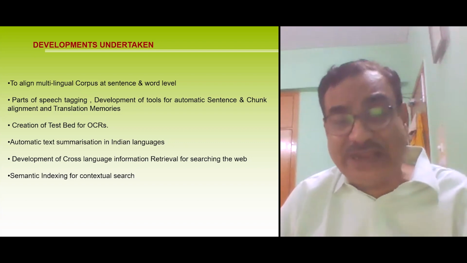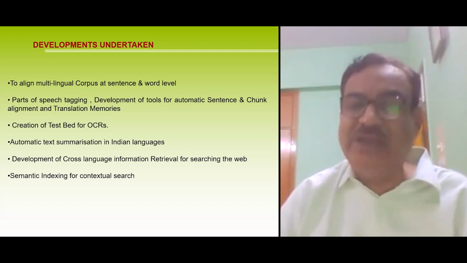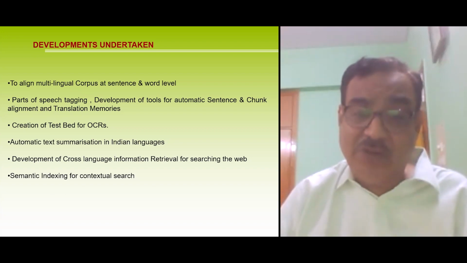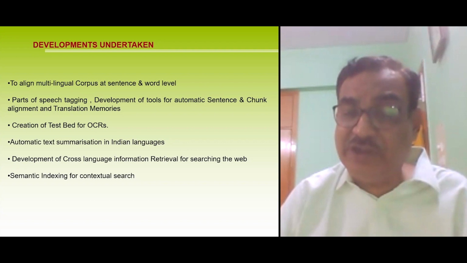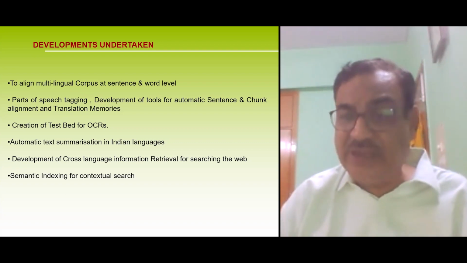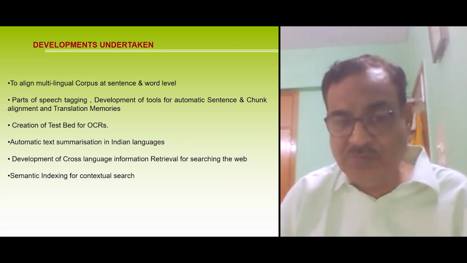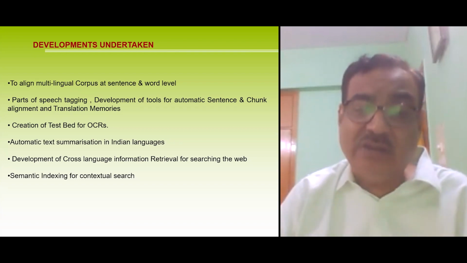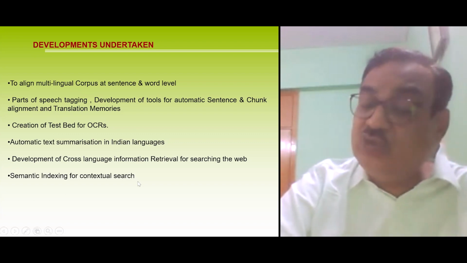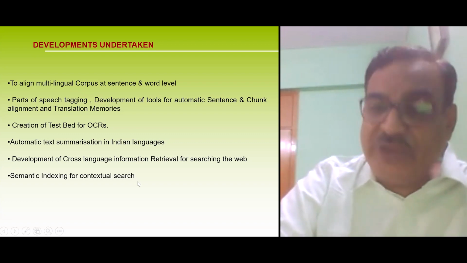Automated text summarization for Indian languages was another aspect we took over. Development of cross-lingual information retrieval, I think about that Dr. Sangal, the next speaker, will be speaking better because he led that mission mode project, and about that we continued to work. Semantic indexing and contextual search was very important.